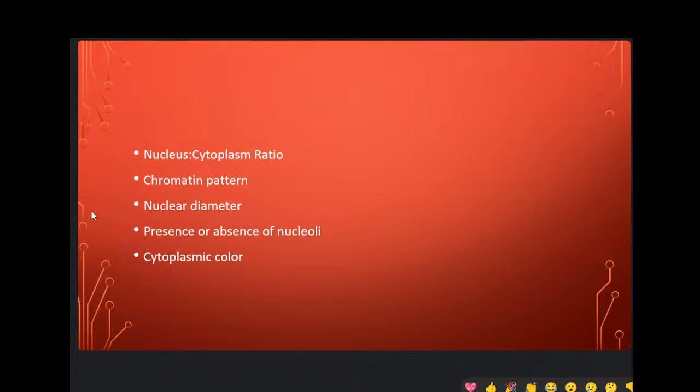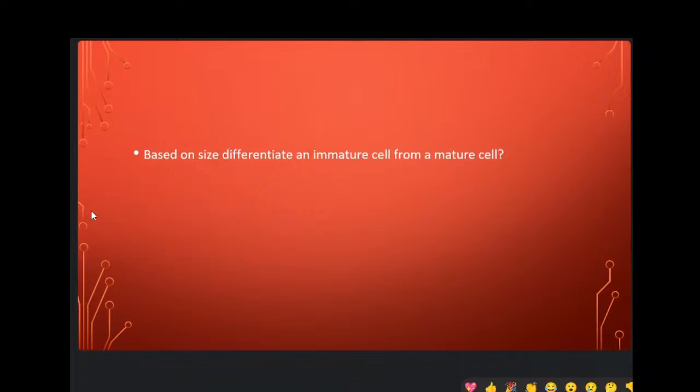Yung kaibigan ko after ko umalis ata, natanggal siya, nalipat siya sa Flebo. Lesson learned, guys. Lesson yan for today. Alright. Now, let's move on to the next slide.